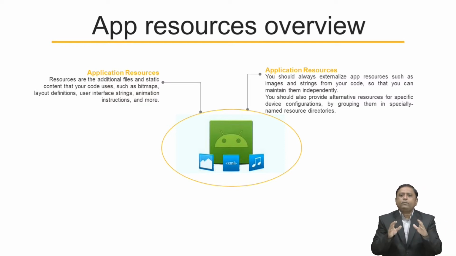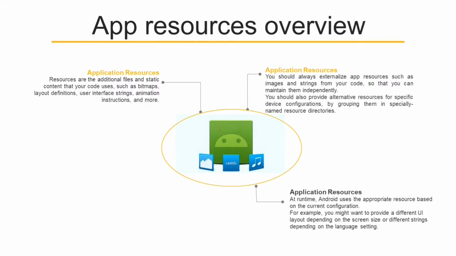You should also provide alternative resources for specific device configuration by grouping them in specially named resource directories. At runtime, Android uses the appropriate resource based on the current configuration, as we discussed earlier. For example, you might want to provide different user interface layout depending on the screen size or different strings depending on the language setting. So for that you have to keep resources separately.